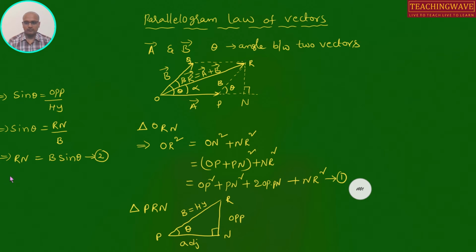Similarly, cos theta in the same triangle is adjacent side by hypotenuse. That implies cos theta is equivalent to adjacent side PN by hypotenuse PR, that is B. That implies PN is equivalent to B cos theta.